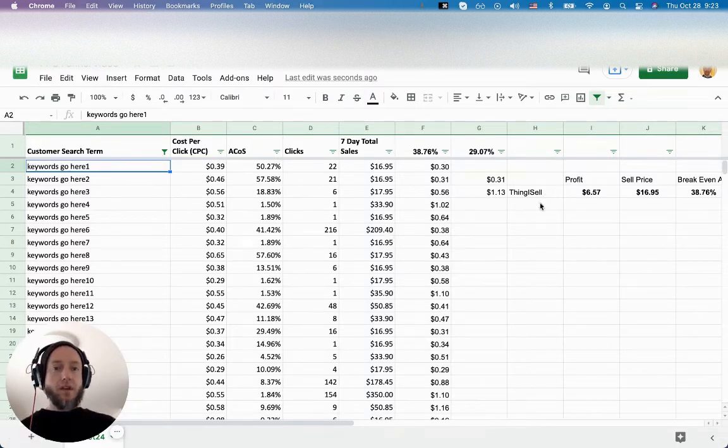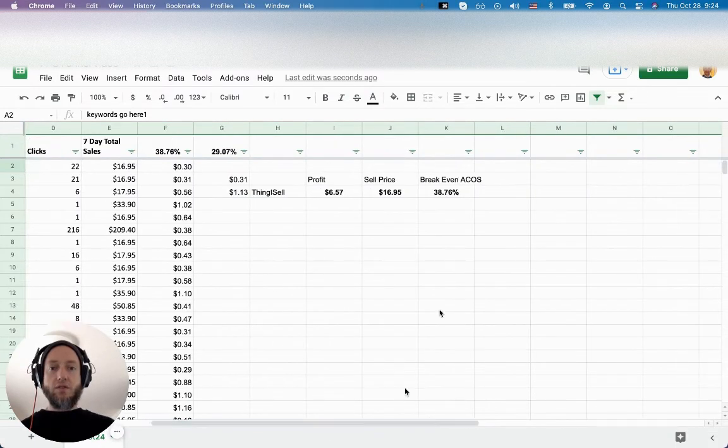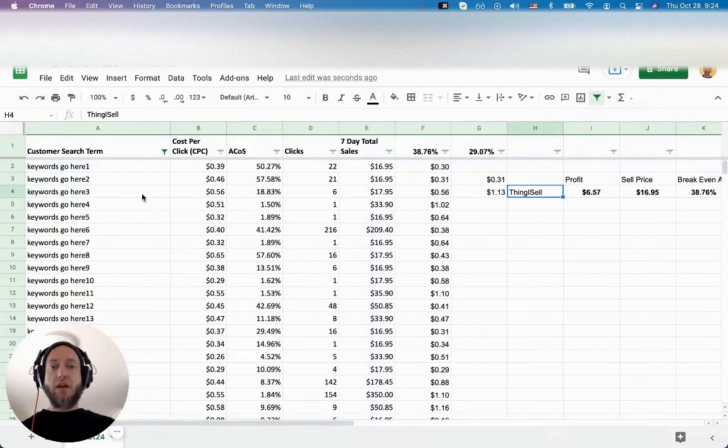So the first thing you want to do is figure out your break-even ACOS, if you haven't done that yet. Before I brought this information over, I went into my sponsored product search terms report, sorted by campaign, and got all of the campaigns for one product.